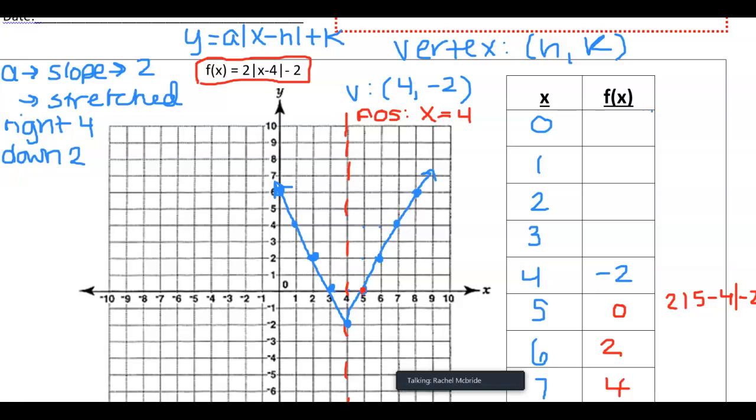Now, because the graph is symmetric about the vertex, so again, here's my vertex, whatever happens to the right of those numbers will happen to the left. So these will also be 0, 2, 4. And if you plug in 0, you get 6. Same with if you plug in 8.